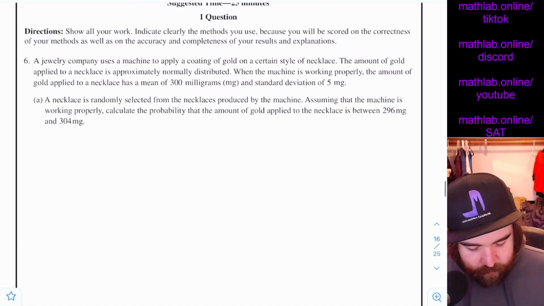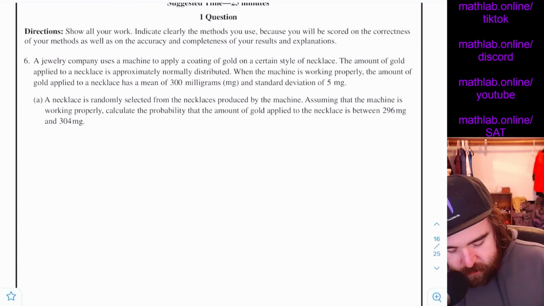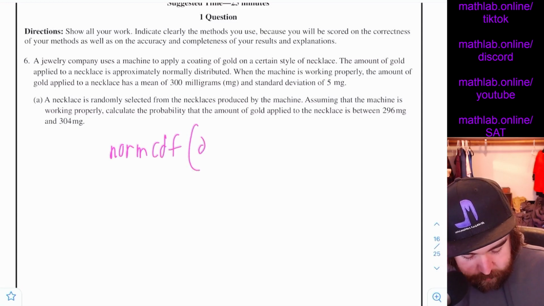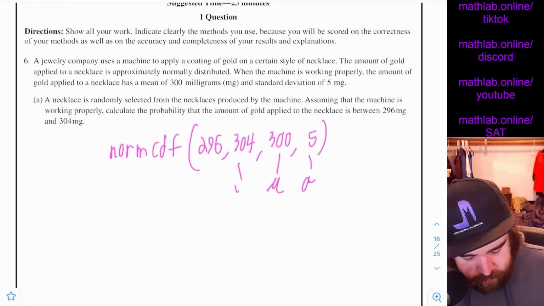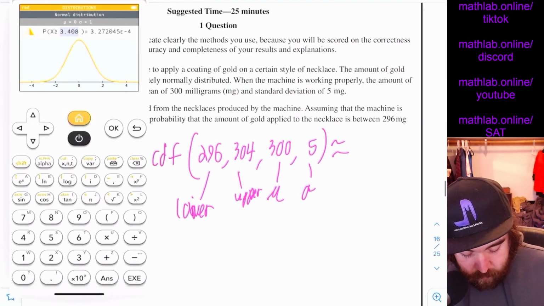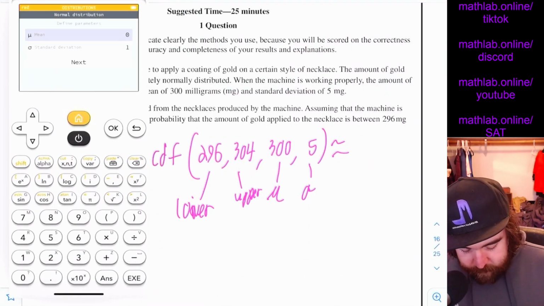Close to 68. They've been toying with that 69 a couple times on this test. So let's go for it. We got to do 296 to 304 with a mean of 300 and a standard deviation of 5. And we label everything since that's what we have to do. Mean of 300.